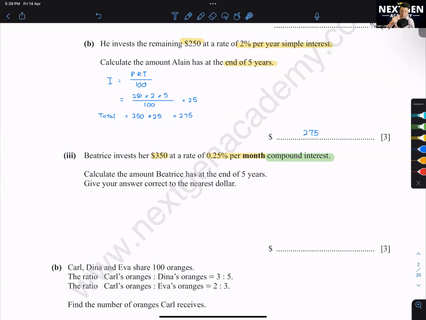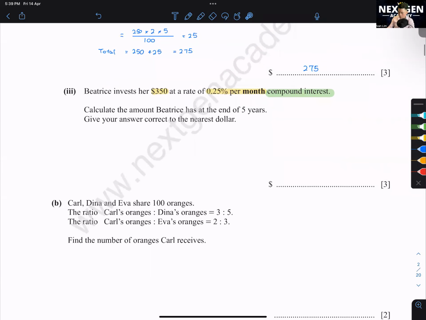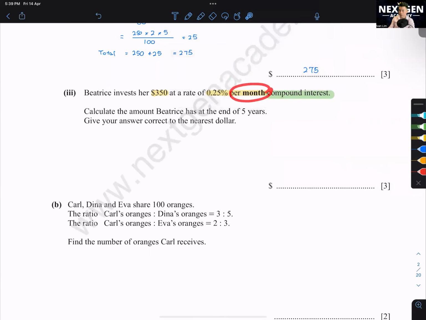Number one, you need to calculate the time frame, that means how many time frames of this month. T will be times 12, because T here is 5 years and the compound interest they give us is per month.